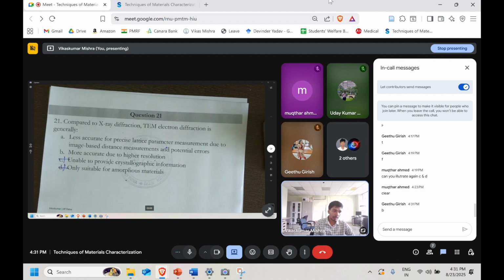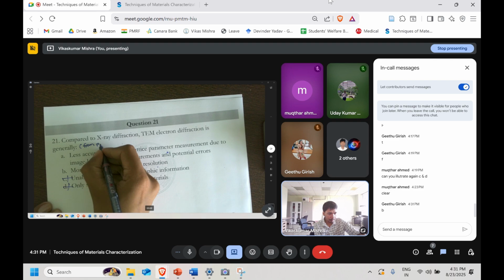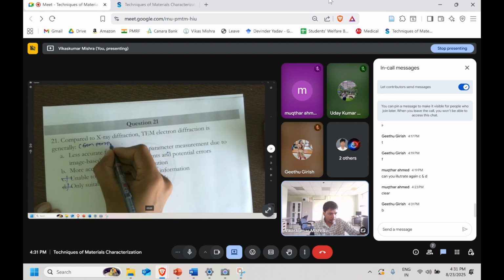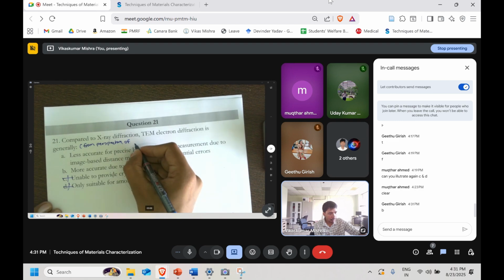Now what we are talking about, I should specify here, is from the perspective of lattice parameter measurement.